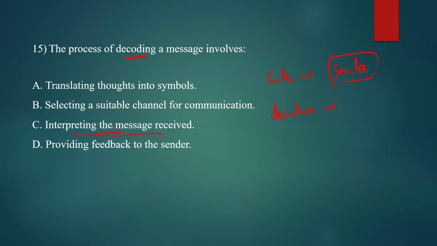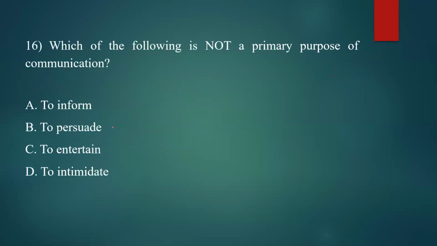So coding is always connected with the person who is sending the message, and decoding always happens with the receiver. Sender codes and receiver decodes. Is it clear? Yes, sir. Okay, go to the next one.